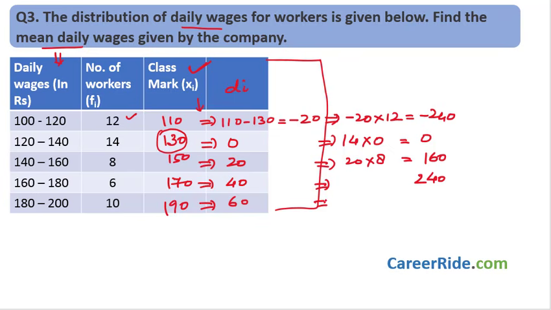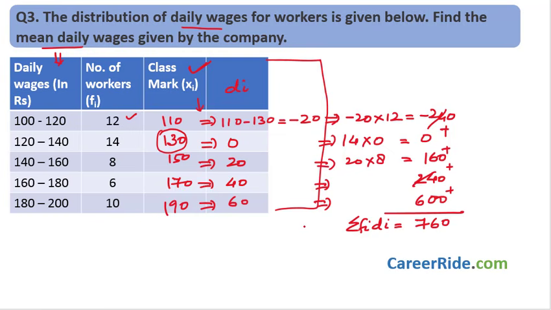The next thing is 60 into 10, 600. I'll add up all of these. So minus 240 plus 240, here itself it gets cancelled, and my answer for this is 760. This is the value of sigma fi di.